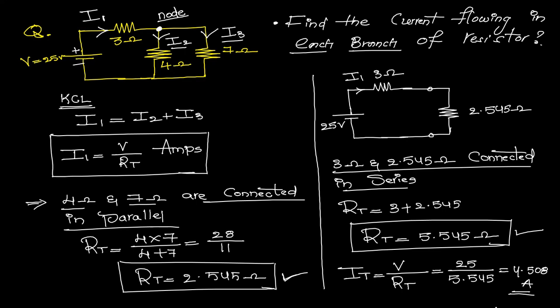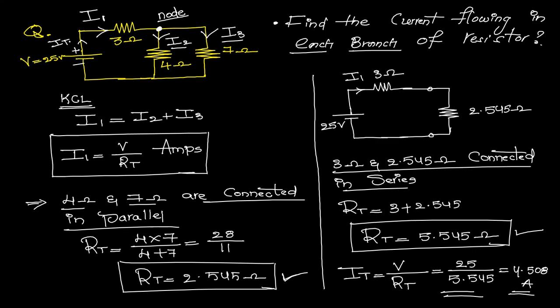Now this is the total current which is flowing in the given network. You can observe that this particular total current is supplied by the 25 volt source. That is the reason the current supplied by this 25 volt source is IT, and the same current will directly flow through 3 ohms.